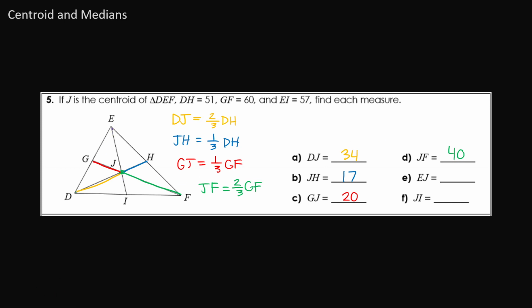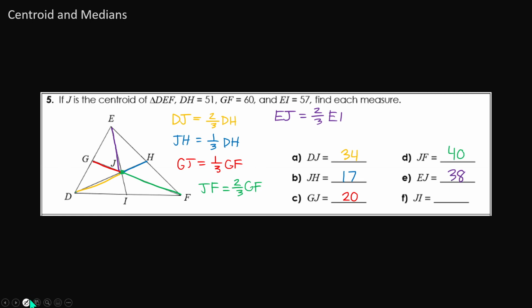So EJ is the longest portion of EI, and we know EI is 57. So if EI is 57, we know EJ is 2/3 the length of EI. And so 2/3 times 57 is going to be 38.